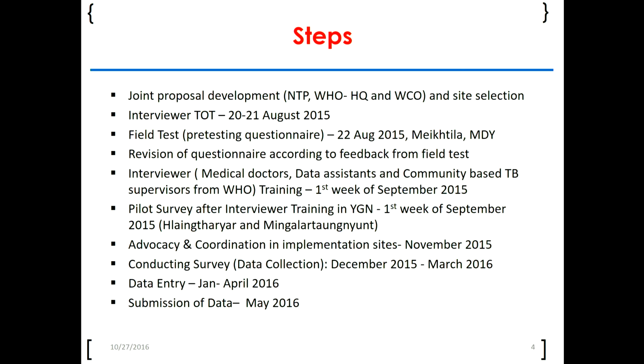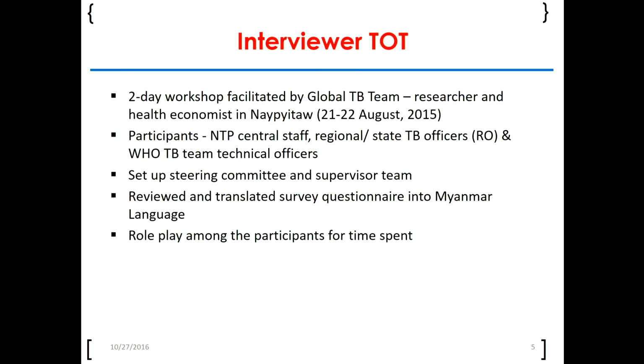Data entry was done between January and April 2016. We submitted the database to WHO in May 2016.